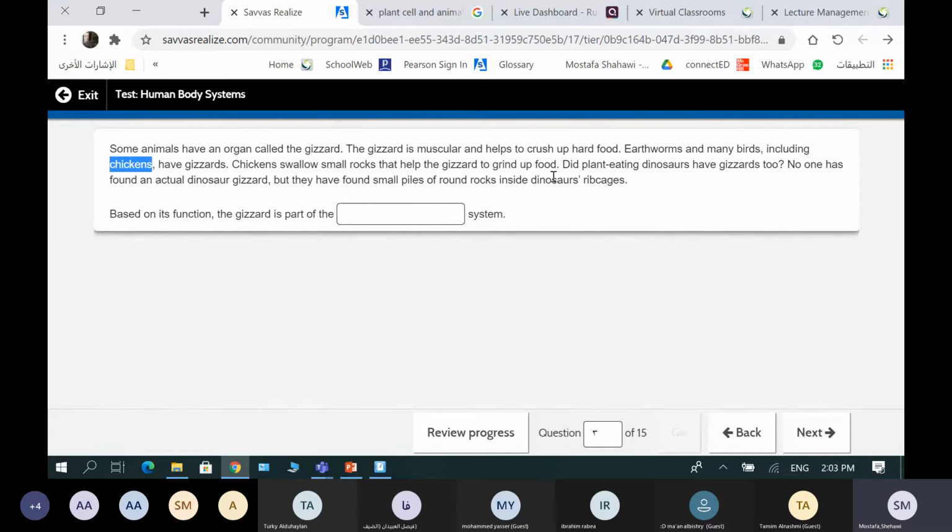These small rocks help the gizzard to grind up food. And another question: did plant-eating dinosaurs have a gizzard too? No one has found an actual dinosaur gizzard, but they have found small piles of round rocks inside the ribcage, but they are not sure if this was a gizzard or not. So, read this question based.